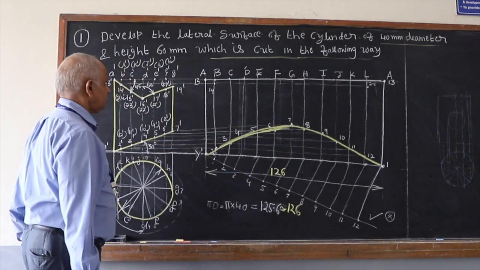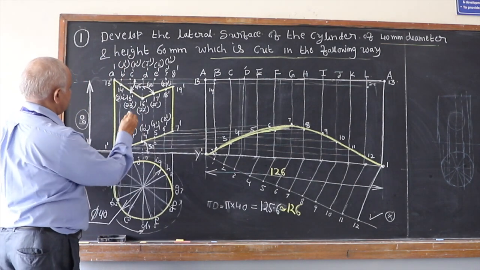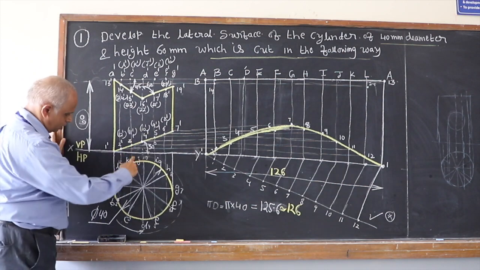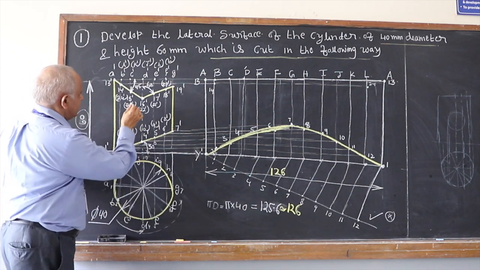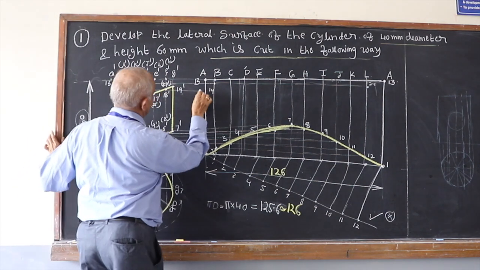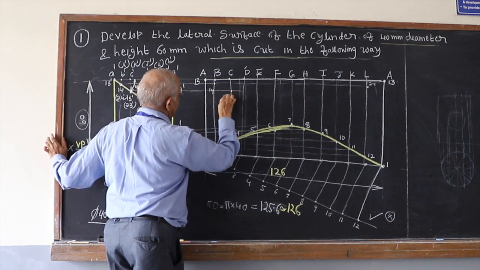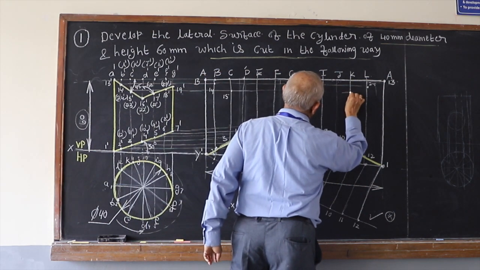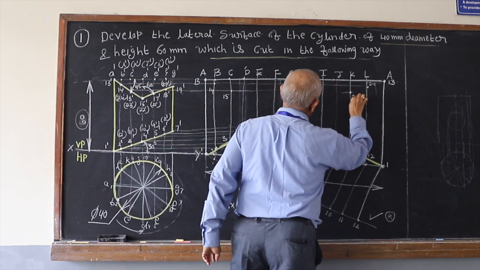Next, come to these section points, 15 and 23, on C as well as K. So 15 you project it here. This is 15 on C and this one is 23 on K.